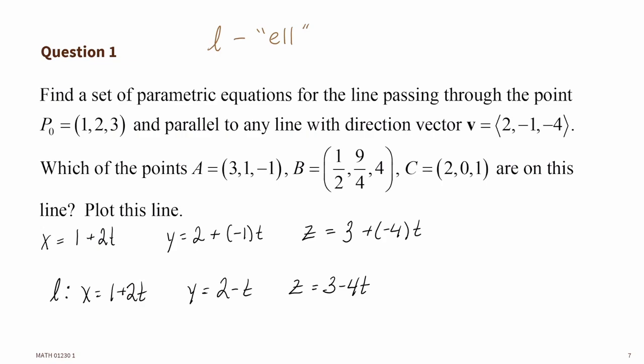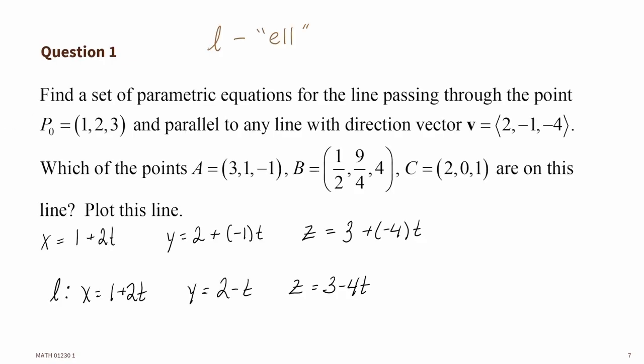Right, none of them are 0. So we can use the symmetric equations, which is what we're going to do here. And so we're going to represent L now with the symmetric equations.